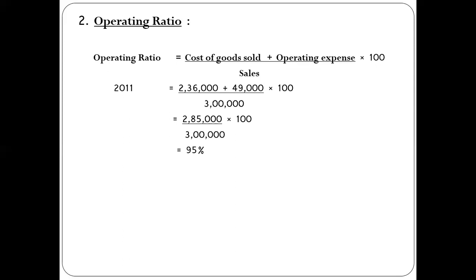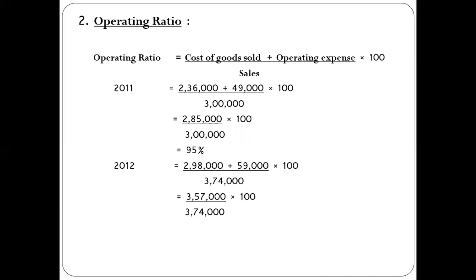Now we have to find the operating ratio for 2012. The formula is the same, just the amounts change. Cost of goods sold in 2012 is 2,98,000 and operating expense is 59,000. So we add 59,000 to 2,98,000 and divide by 3,74,000.